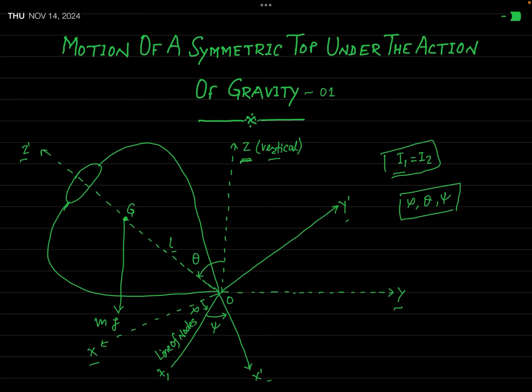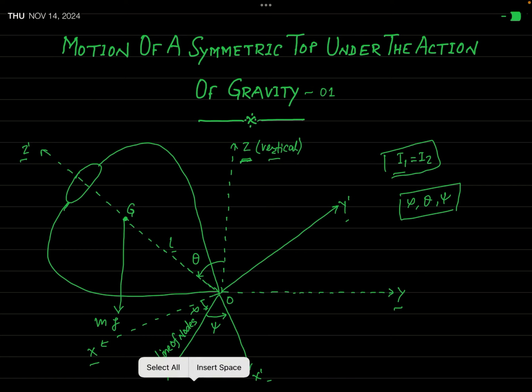The center of gravity of a body is defined as the point where the total weight of the body acts. So you can think that the total weight, that is mg, is actually acting at this point G. So you can equivalently consider that this body is just equivalent to a point mass whose mass is equal to the mass of the body and it is located at the center of gravity.